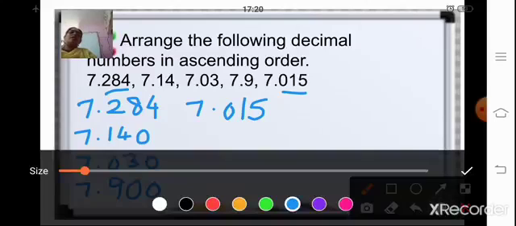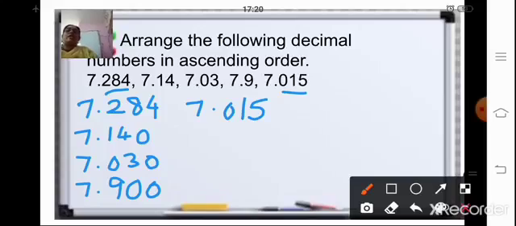Now the second step we have to follow is, we will see the number in the integral part. The integral part of each number is same, that is the number 7. Now the integral part is same, so we will compare the decimal part. In the decimal part, as we have to arrange the numbers in ascending order, it will go from smaller decimal number to bigger decimal number.